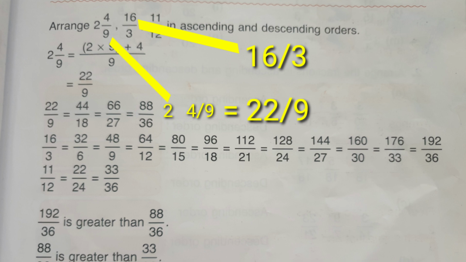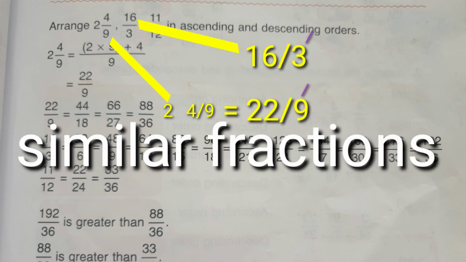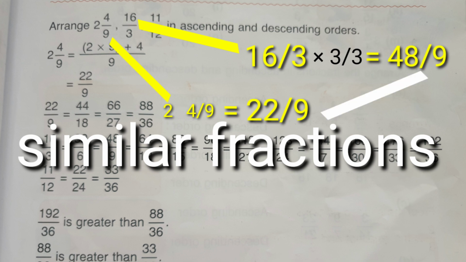The next step is to equalize the denominators 3 and 9 to make them similar fractions. Similar fractions means they have the same denominators. Therefore, 16/3 is multiplied by 3/3 to make it 48/9. 48/9 and 22/9 are now similar fractions.